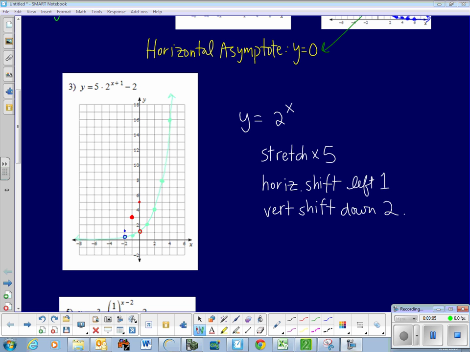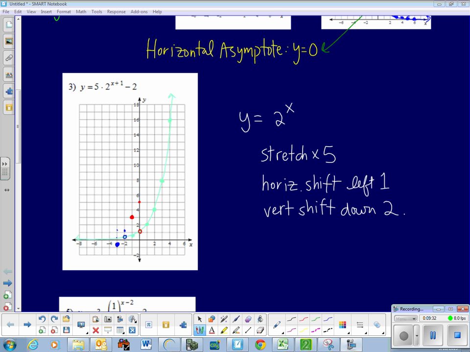So that's 5 times taller. That's the stretch times 5. Then left 1 and down 2. Here's that one. All right, so that point actually went down, and that has to do with the times 5. A times 5 on 1 is a bigger effect than a times 5 on a 1/4. So there's a new dot.